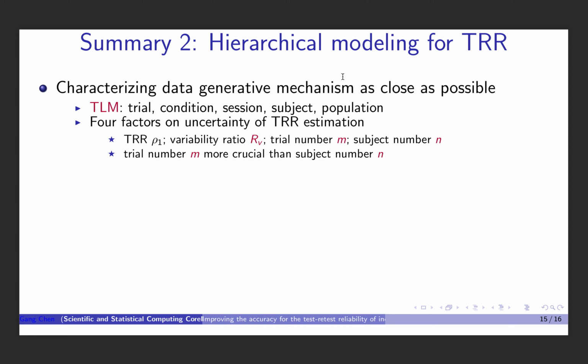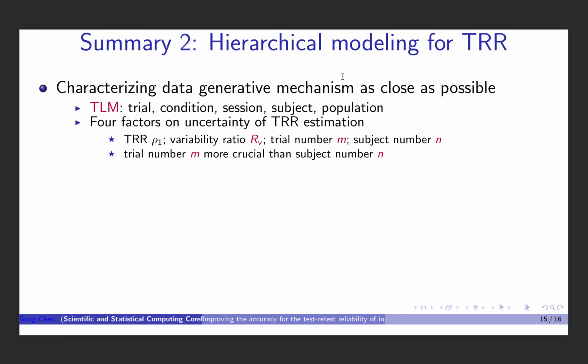So even under the hierarchical modeling framework, those 3 parameters are still important: the quantitative variability ratio and the two sample sizes. That means when you design an experiment for test-retest reliability, it's best to increase those two sample sizes as much as possible.